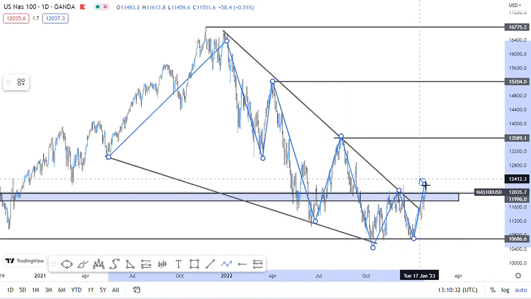That just shows that this trend line is a very respected, strong trend line. When the market comes to that trend line, it is respected.